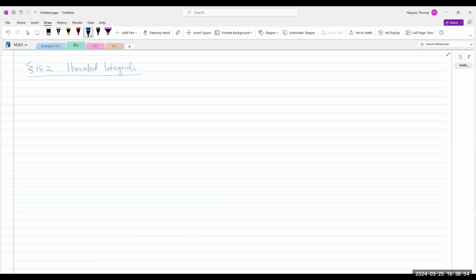Okay, let's start with some theory. Suppose f(x, y) is continuous on domain R. This R here stands for rectangle, [a, b] by [c, d].